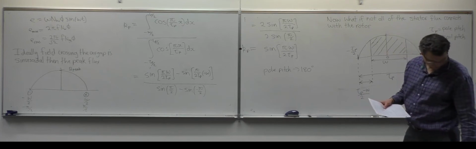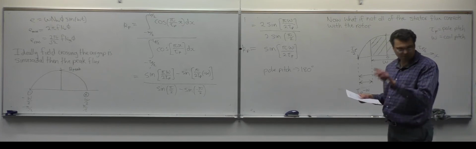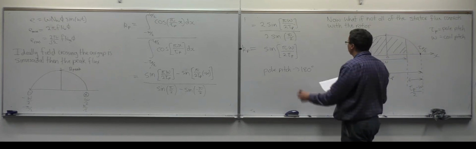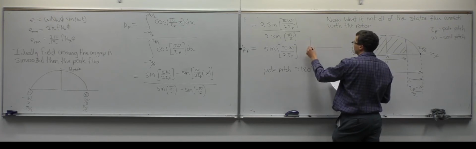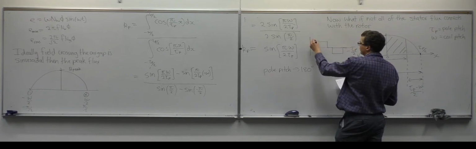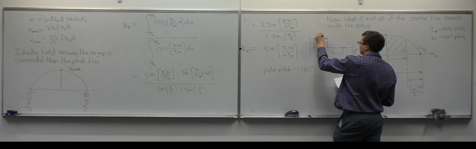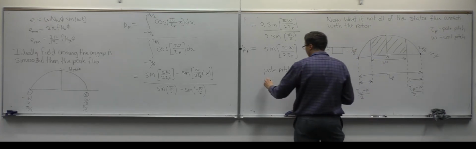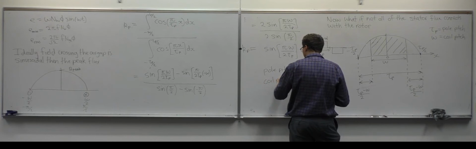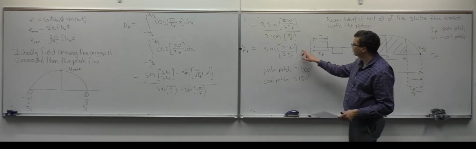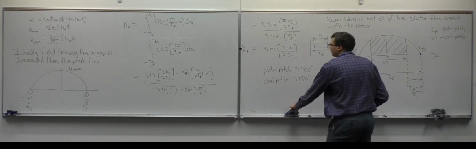Yeah, I didn't put the values on the plot when I showed that. You can go back and look at the waveform. I'm talking about this one. So this is W, and this is TP, the pole pitch. So the coil pitch is 150 degrees.